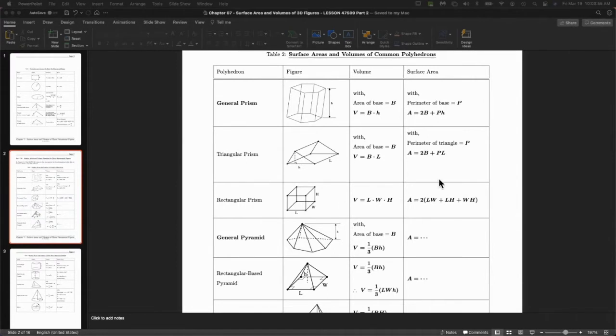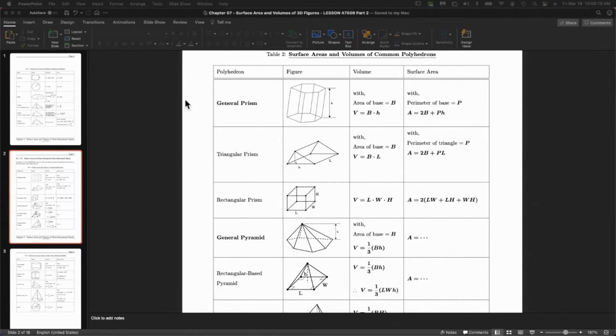What's interesting to note is that the formulas for the volume and surface area of a prism, which I've denoted here, are very, very elegant. You don't have to write down the entire alphabet to write a formula for volume or surface area.